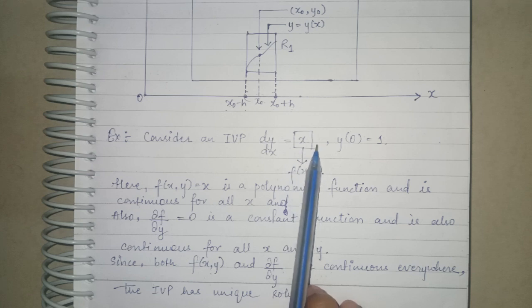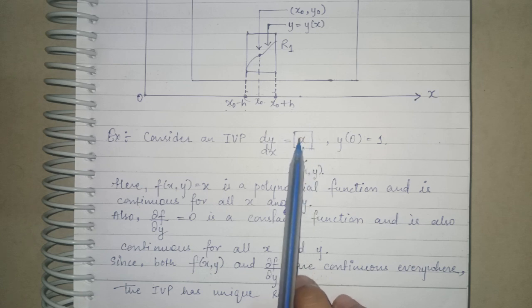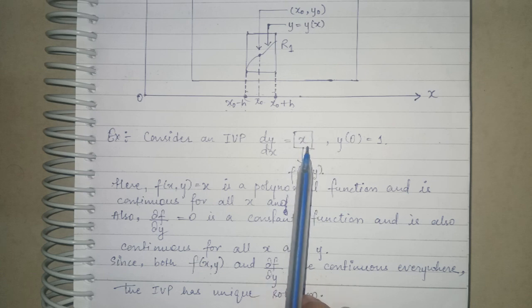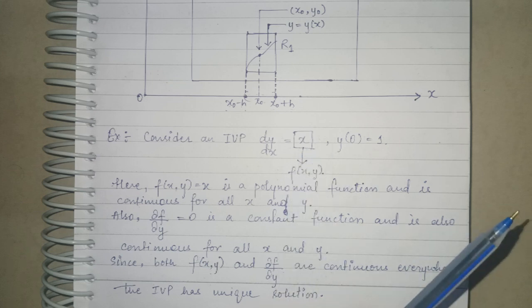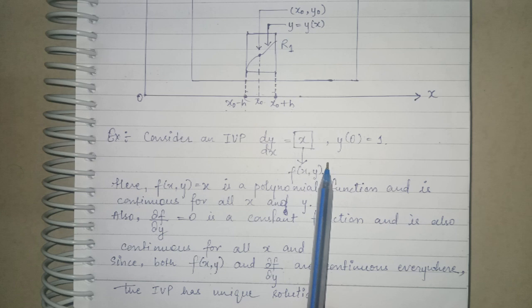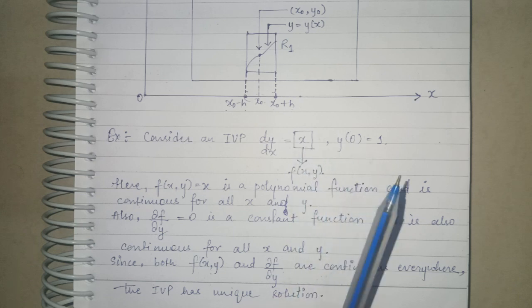Also, the partial derivative of this with respect to y: x becomes a constant with respect to y, and the derivative of a constant is 0. So the partial derivative of f with respect to y is 0, which is a constant function and is also continuous for all x and y. So f(x, y) itself and its derivative are both continuous everywhere.